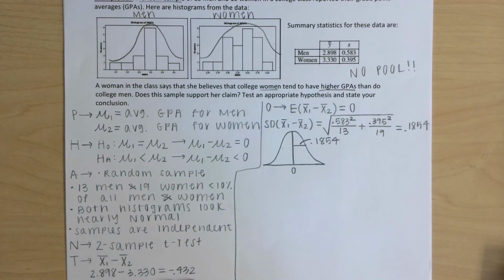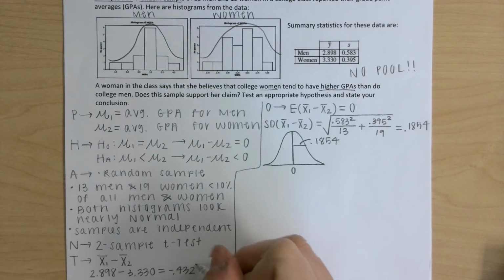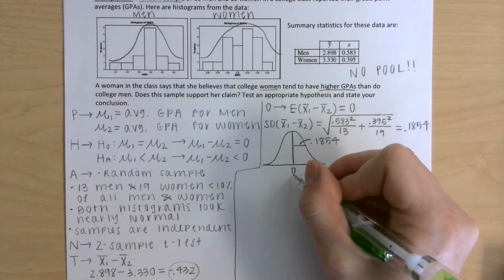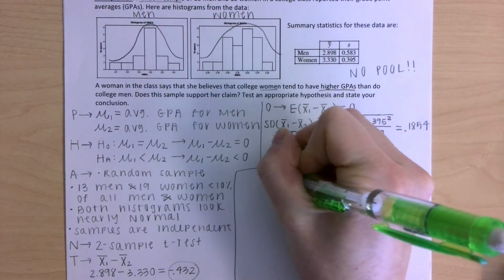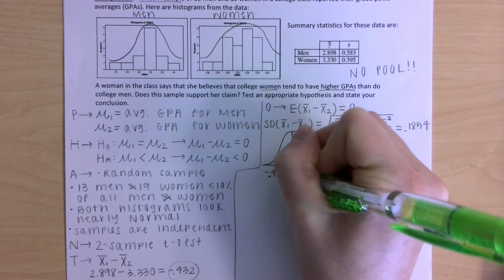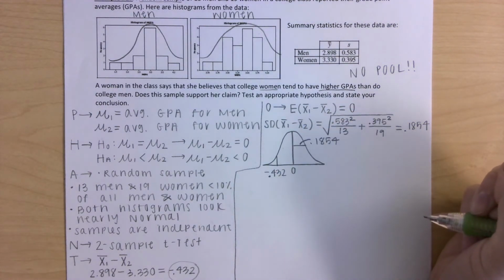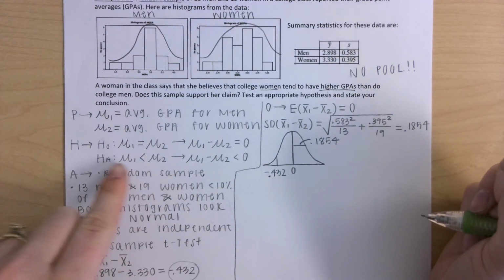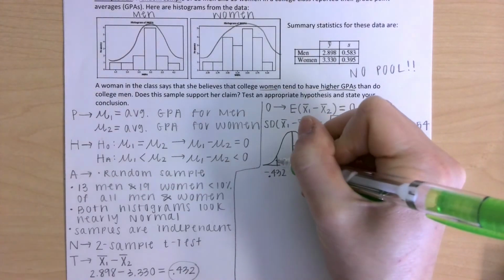I'm going to drop down my test statistic, which was this value right here, the negative 0.432. So that's negative, so it's going to be to the left of 0. My shading should match my alternative hypothesis, so less than.